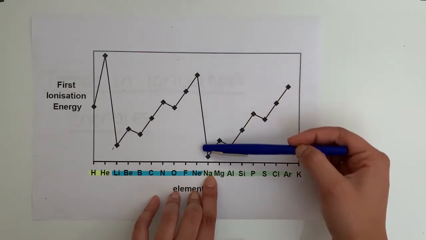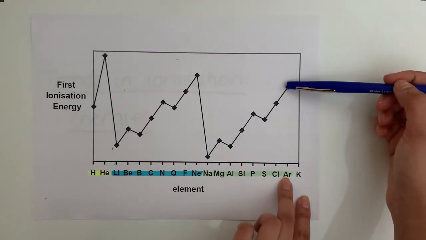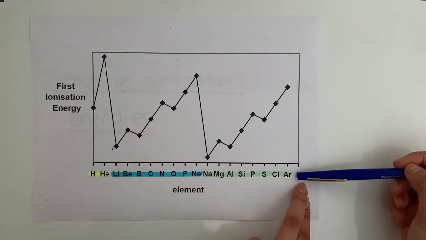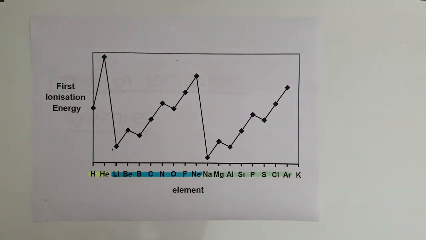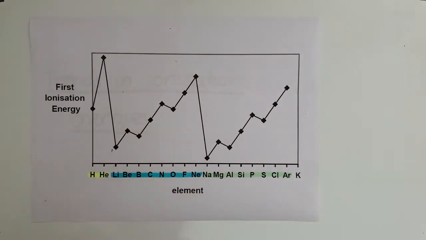It's not shown here, but at the end of period 3, from argon to potassium, there is again going to be a sharp decrease. So whenever we start a new period, we will see a sharp decrease in ionization energy. That's the second trend.